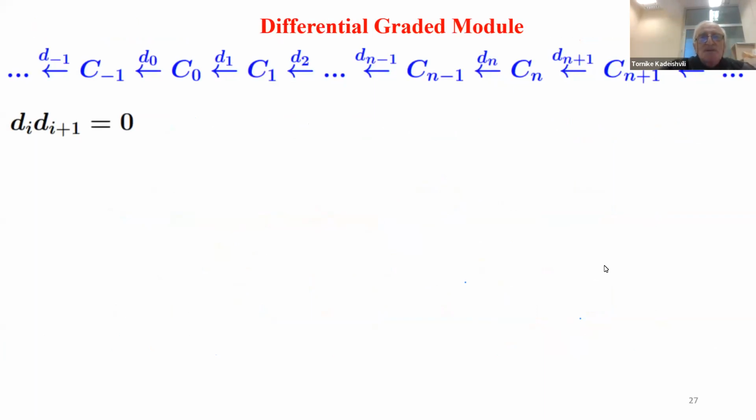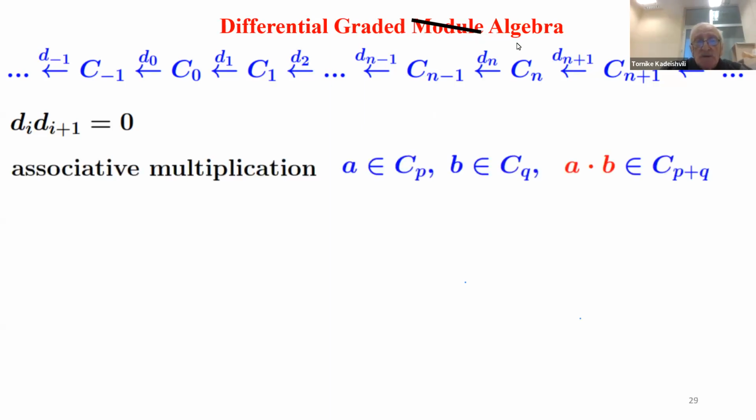Instead of chain complex, an old-fashioned name is differential graded module. It is a collection with differentials and dd equals 0. Now I have erased differential module and replaced it by the words differential graded algebra.